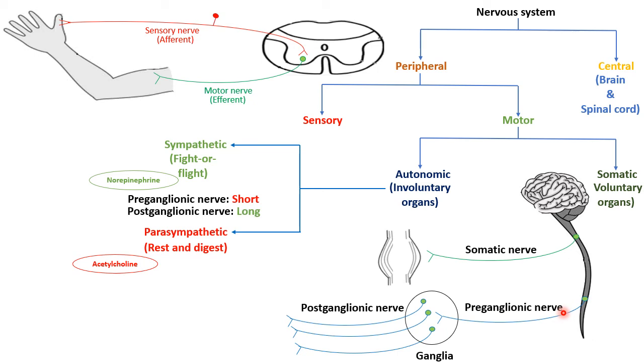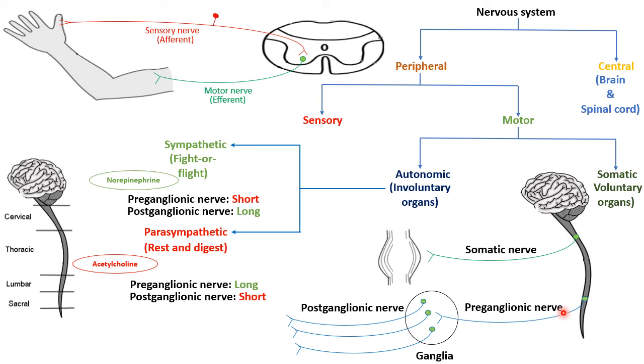But for the parasympathetic nervous system, the ganglia are very near to the organ, not to the spinal cord, and could even be embedded in the organ. So the preganglionic nerve of the parasympathetic nervous system is long, but the postganglionic nerve is short.